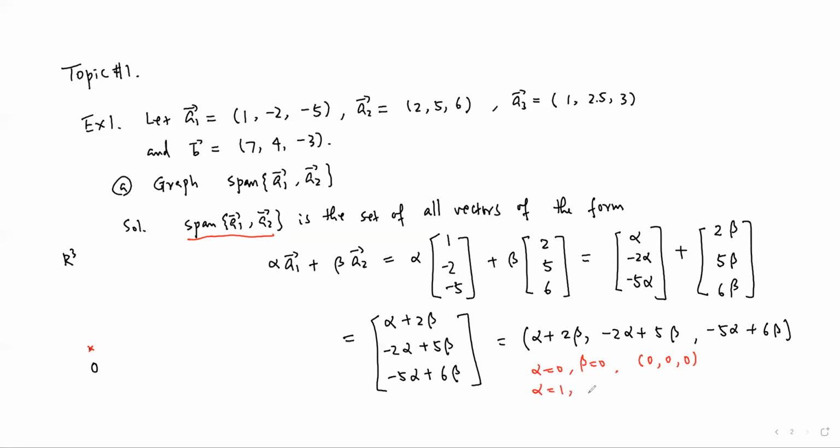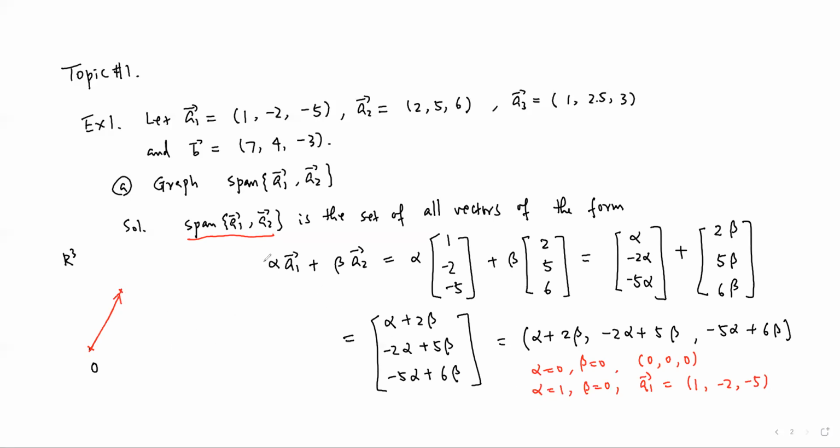A1 is 1, -2, -5. So suppose this is A1 here. This point represents A1, or you can use the arrow starting from the origin and ending at this point to represent A1.